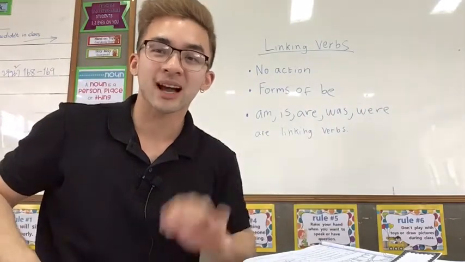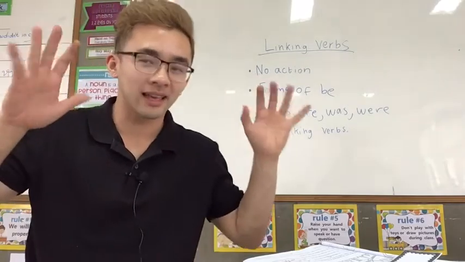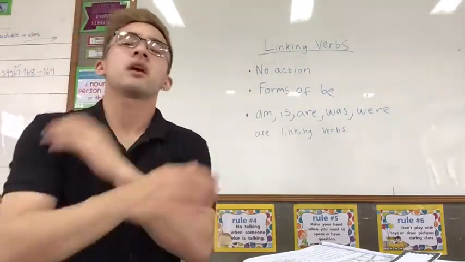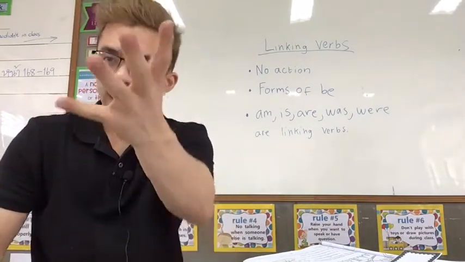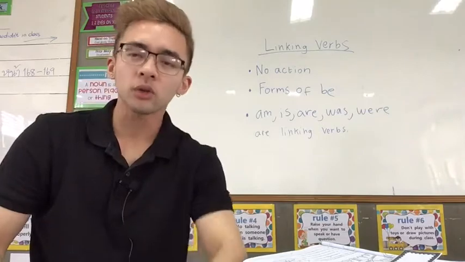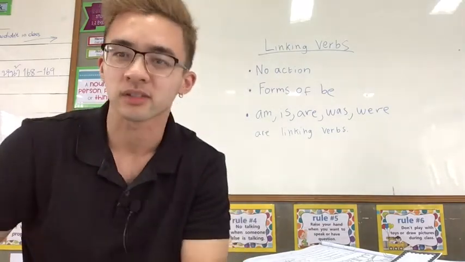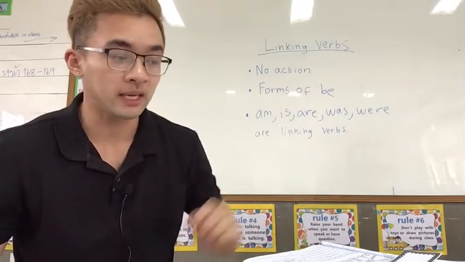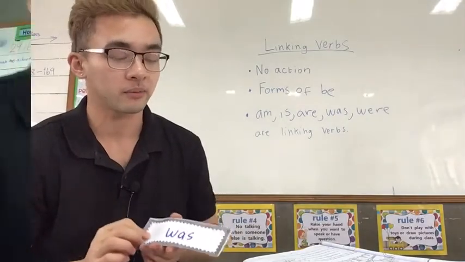If you need more time, press pause. Okay, was is a linking verb because was is no action. Can you was? No, you cannot was. Was is a form of be. So was is a linking verb.